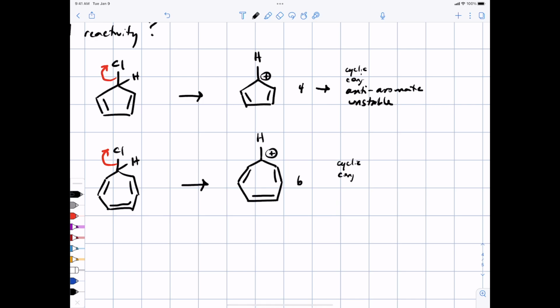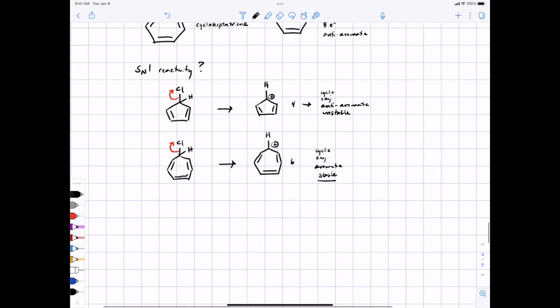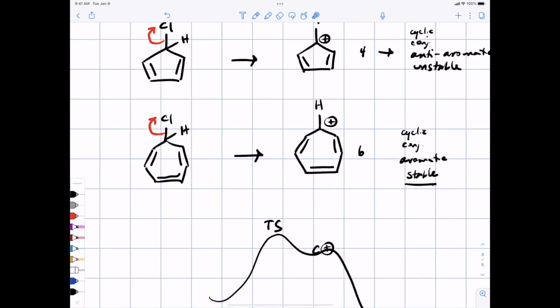Cyclic, conjugated, aromatic because it has the right number of electrons, unusually stable for a cation. Remember that in an SN1 reaction, the transition state resembles the carbocationic intermediate because of the Hammond postulate. Therefore, the more stable carbocation should react faster.